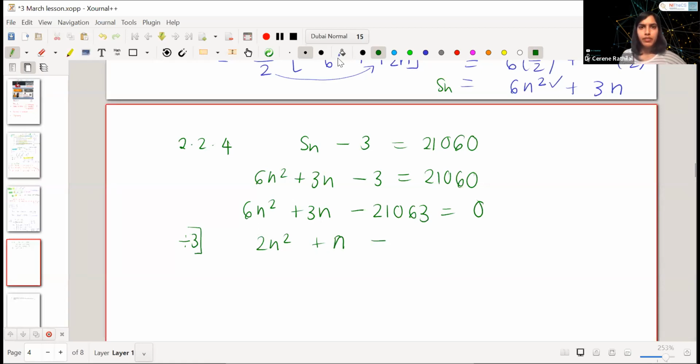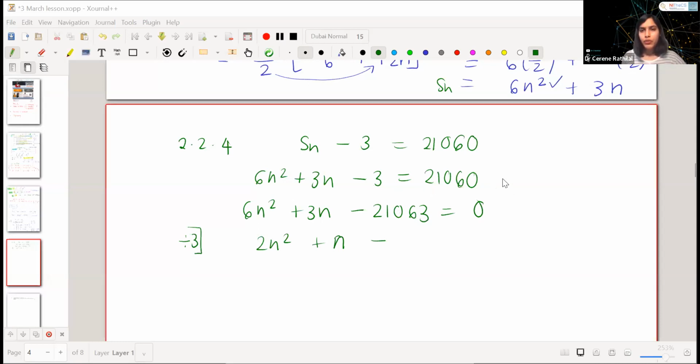Okay, I see the chat box is lit up. I do see that someone says that they are confused. Someone wants to know, is it a positive or is it a negative?